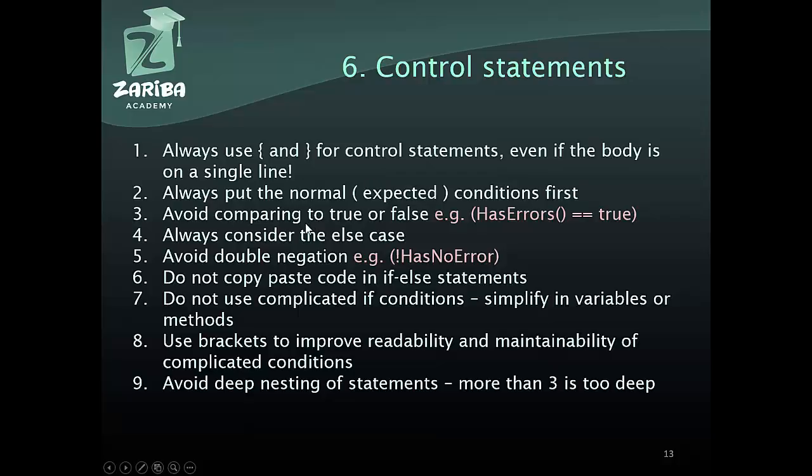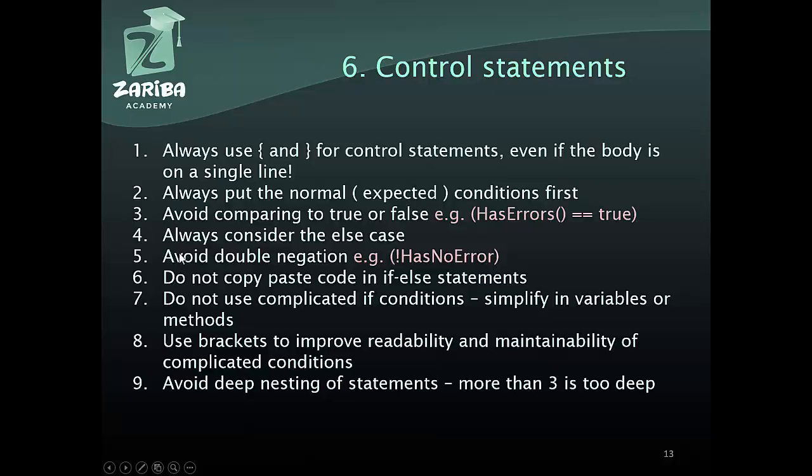Okay, avoid comparing to true or false, e.g. hasErrors, which is a method or a boolean, it doesn't matter, equals true, right? It's kind of clear if you leave it as is. Always consider the else case. So you write an if, it works, can something else happen, is the question that you should ask.